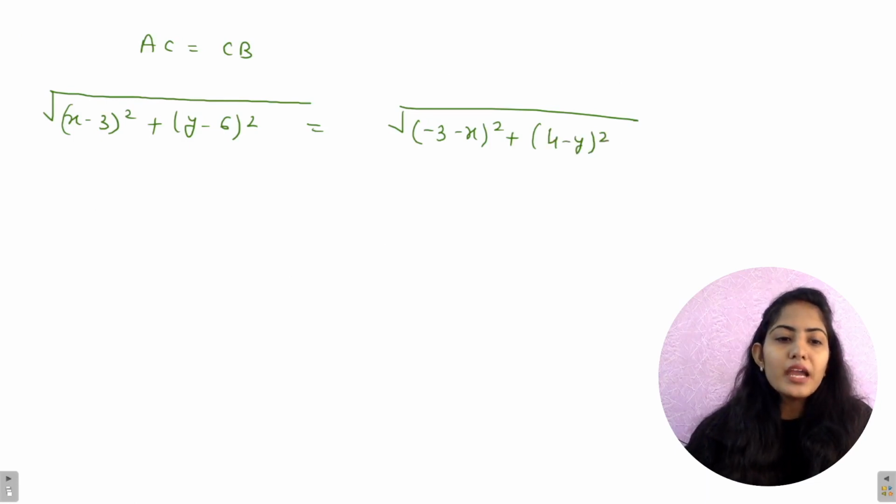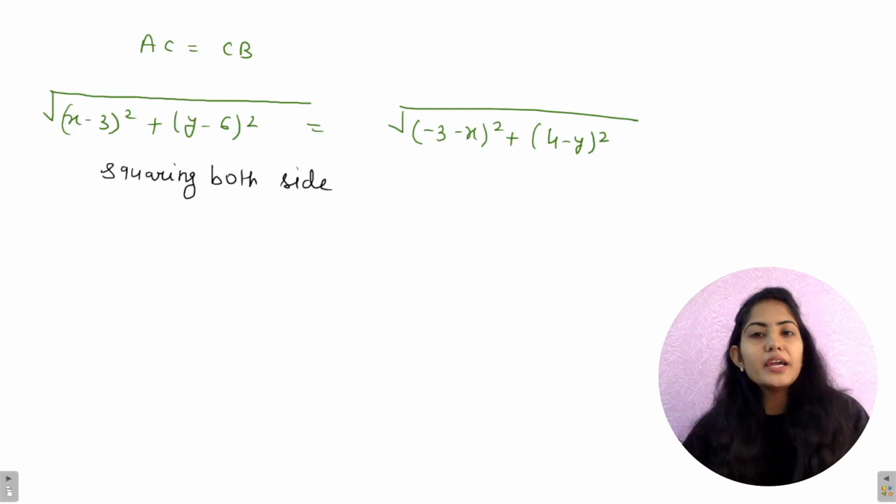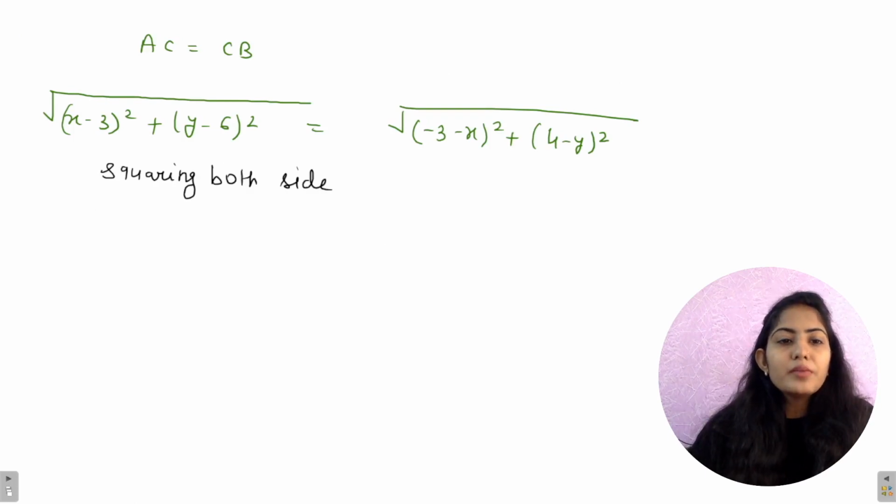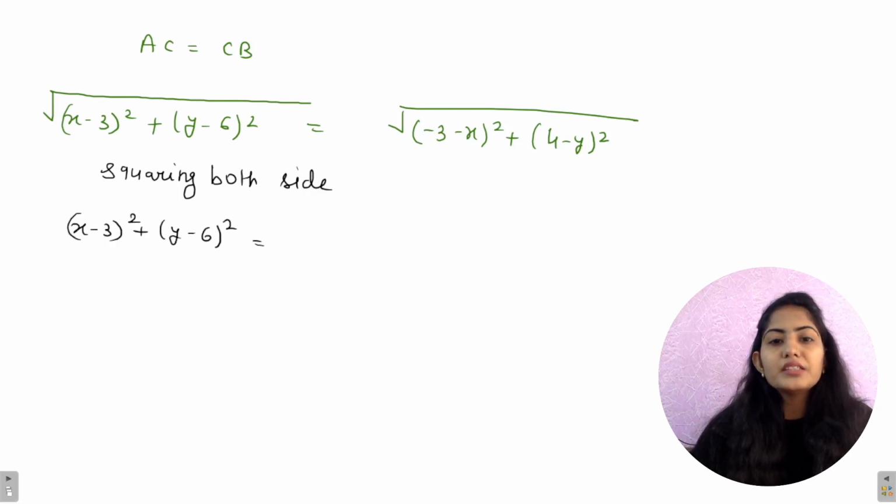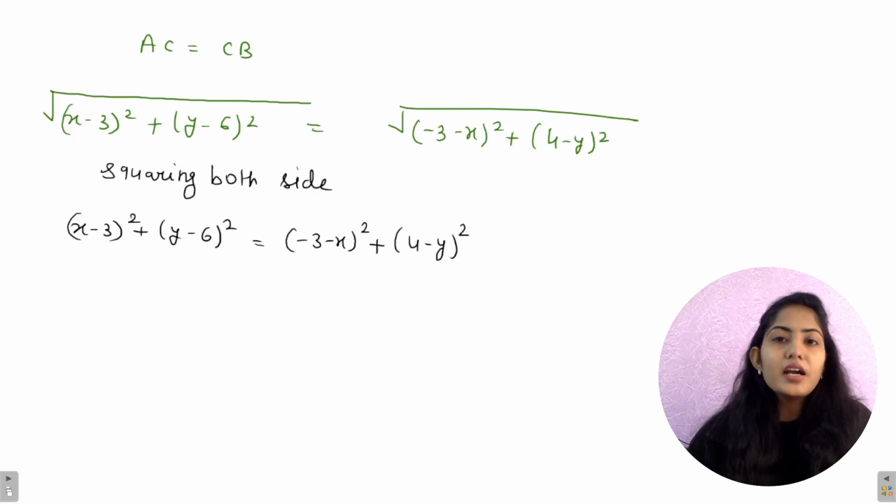So we will square both sides. When we square both sides, it becomes x minus 3 whole square plus y minus 6 whole square, and here minus 3 minus x whole square plus 4 minus y whole square. So we are going to use that identity again.